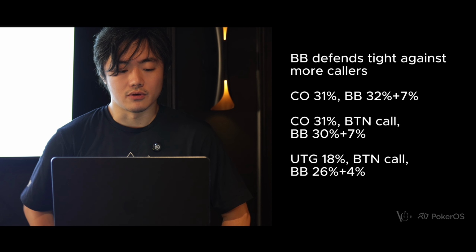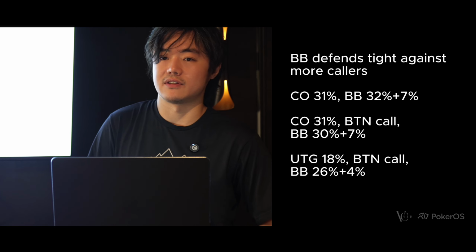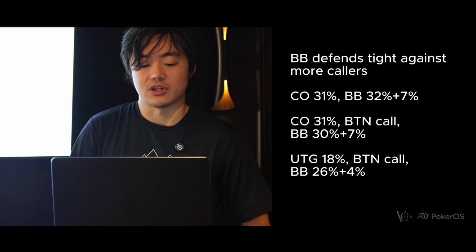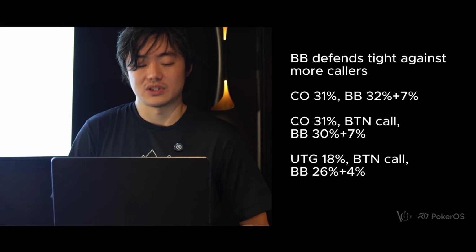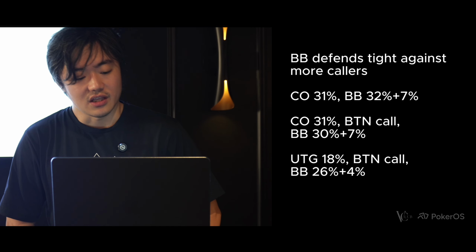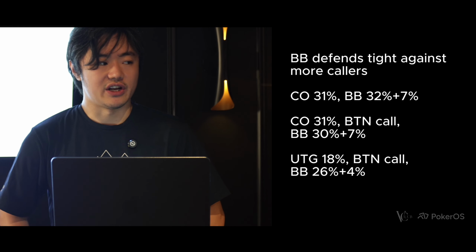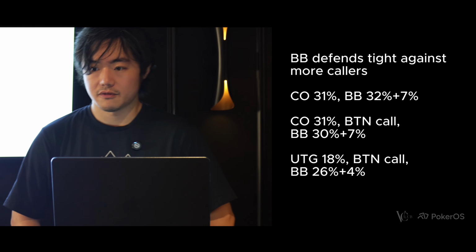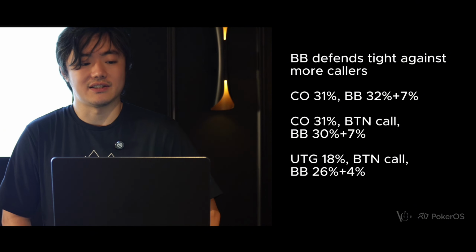Let's see an example: cutoff opens 31%, and the big blind defends 39% facing a single opener. But if the cutoff opens 31% and the button calls, so we add one caller, then the defend frequency is actually reduced by 2%. It's not increased, it's the opposite, reduced by 2%. If UTG opens and the button calls, the big blind defends only 30% in total, 26% calling and 4% 3-betting. This is very counterintuitive. Many people think, hey, there are two people, if I call I only put in 2.5, I can see the big pot.